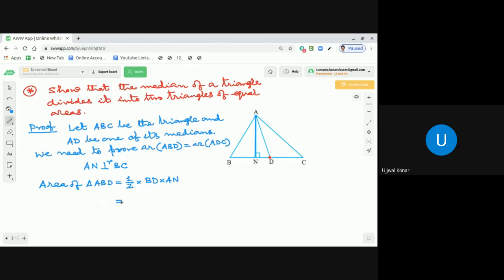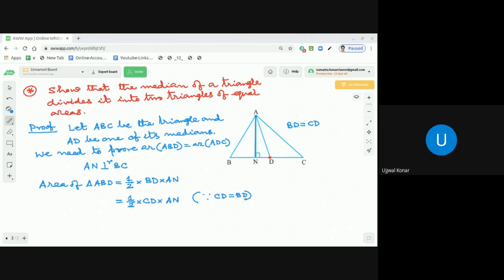This is equal to half into BD into AN. Now we know BD is equal to CD because AD is a median. So instead of BD, we can write half into CD into AN, since CD is equal to BD.